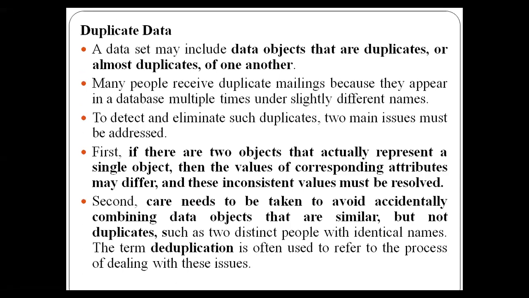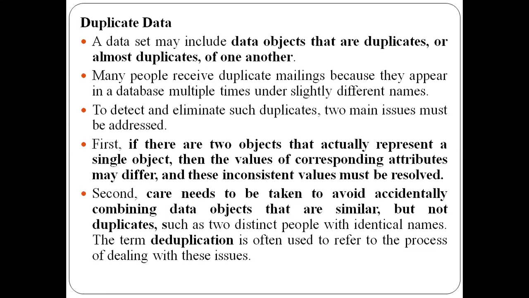So duplicate data can be easily detected. For example, if you have two or more objects that represent the same single object, then you find the duplicate object which is appearing multiple times, and you can eliminate it, remove it from your table.